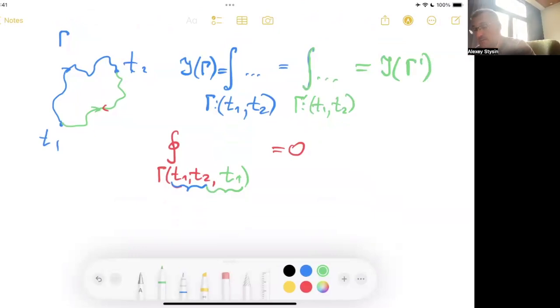So this means that we are actually integrating over the gradient of a potential function, because this is the property of the potentials, that the curve integral over these gradients does not depend on the details of the paths of the integration. It just depends on the starting and the ending points. Okay.